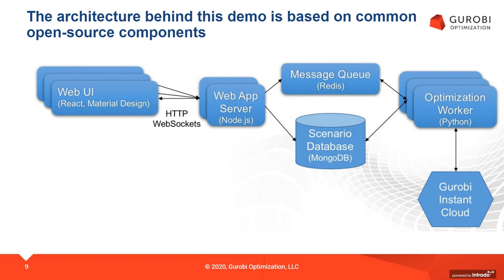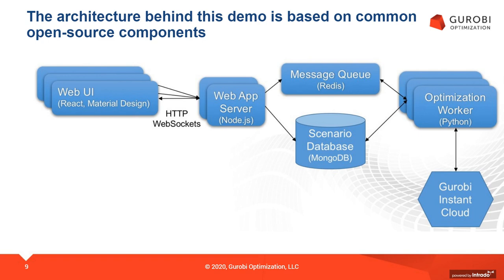And then the final piece of this puzzle really is the Gurobi Instant Cloud, where you can see how the optimization worker, just like we saw in the demo before, connects to the cloud instance, fires up those pools or uses the pools that are already online, and then sends the instance that we want to solve, gets the solution, and sends it back.